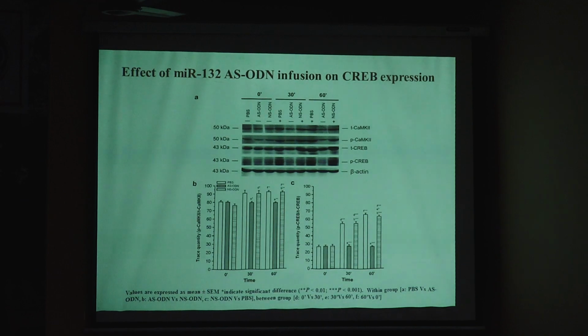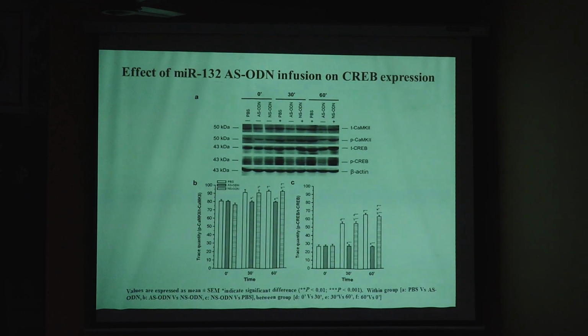So we go back and see the calcium calmodulin and also CREB. Interestingly, we came to know that this microRNA is regulated by CREB, but it goes back to a negative feedback mechanism and regulates CREB. That's a very interesting point here.